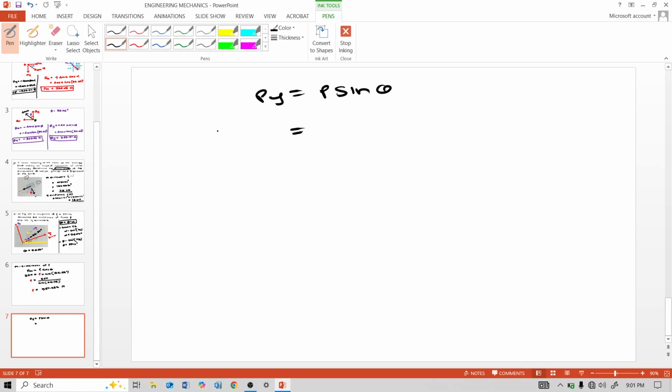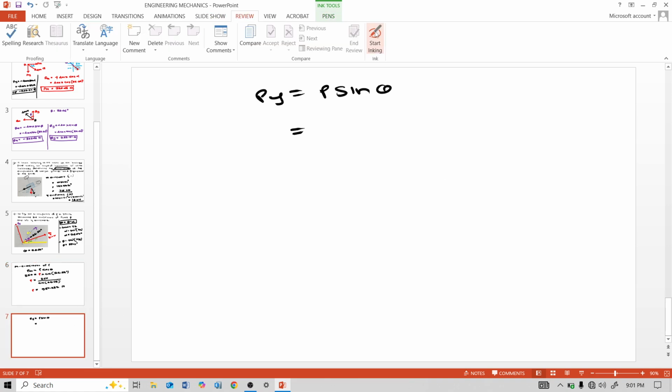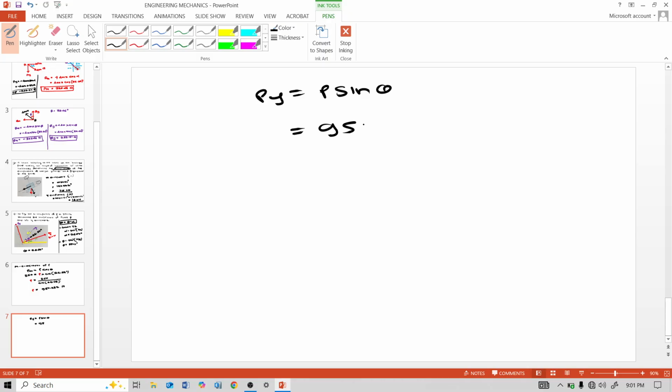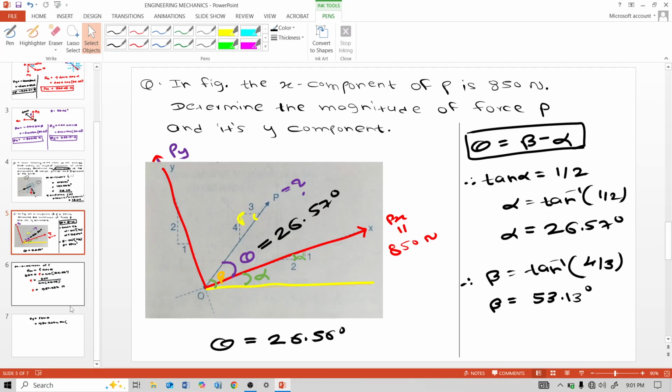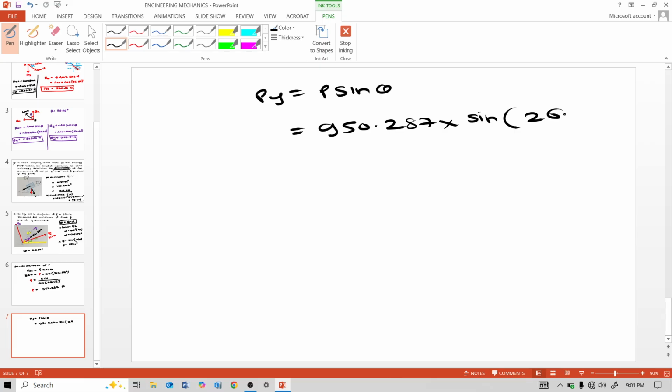Now we have P, so directly put your P in that equation, 950.287 into sine of theta, 26.56 degree. And our objective is this Py.